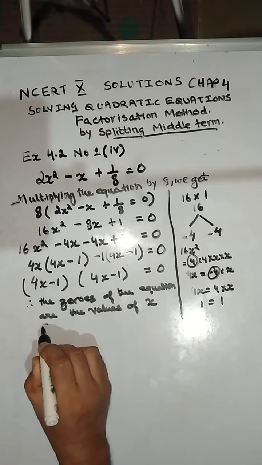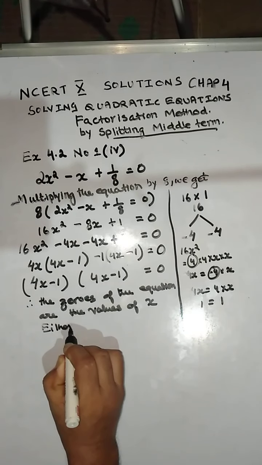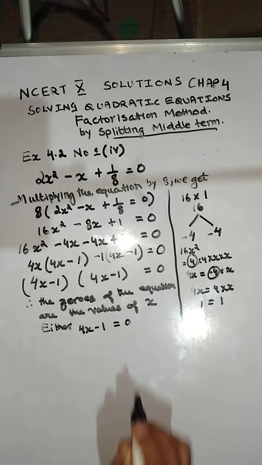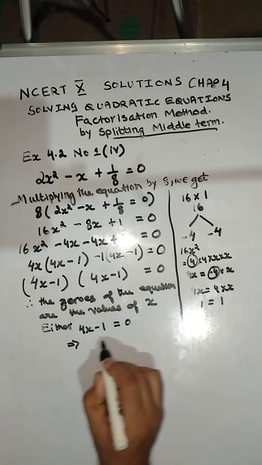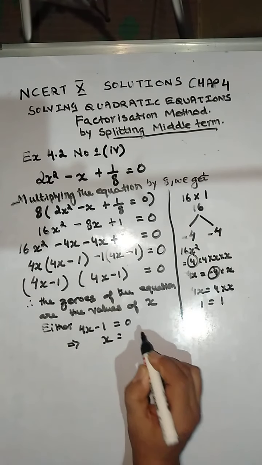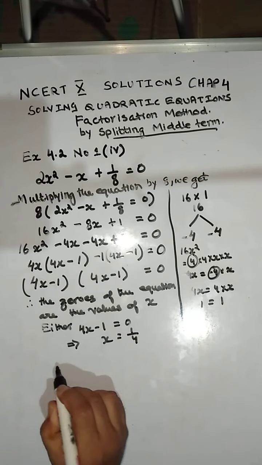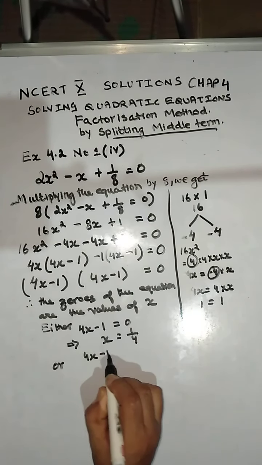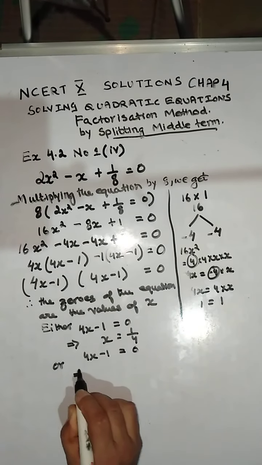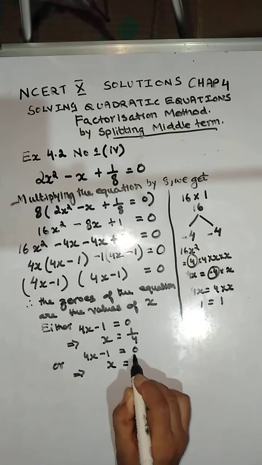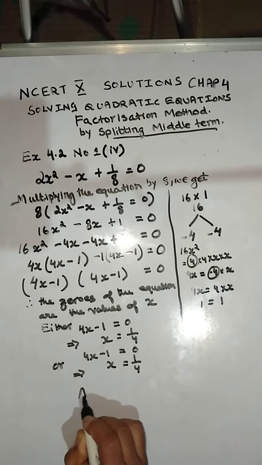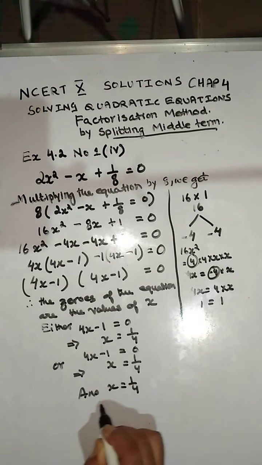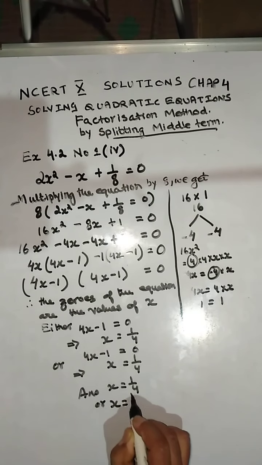All right, either 4x minus 1 is equal to 0, which implies x is equal to 1 upon 4, or 4x minus 1 is equal to 0, which implies x is equal to 1 upon 4. Answer: x is equal to 1 upon 4, or x is equal to 1 upon 4.